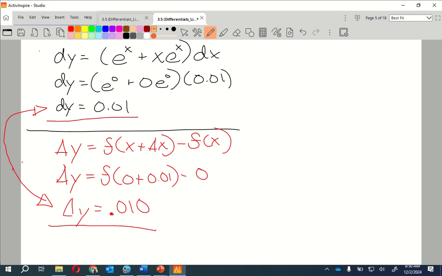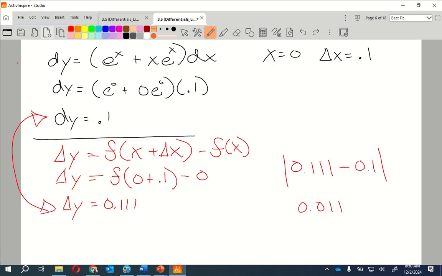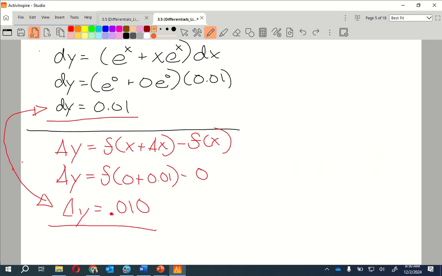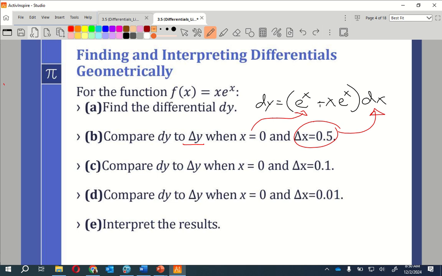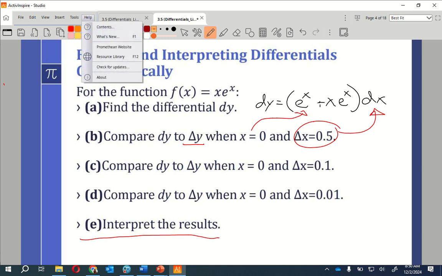So my dy uses derivatives, where my delta y is just looking at the change in between those two. And interpreting the results, that's what we were trying to get at: they are changing together to eventually just be the same as delta x becomes closer and closer to 0.